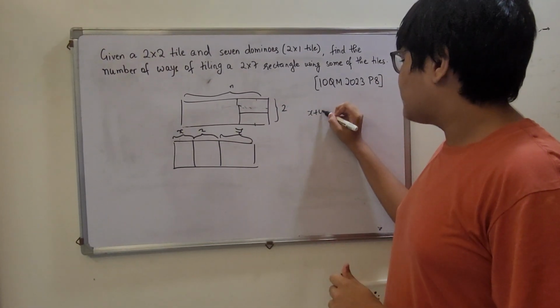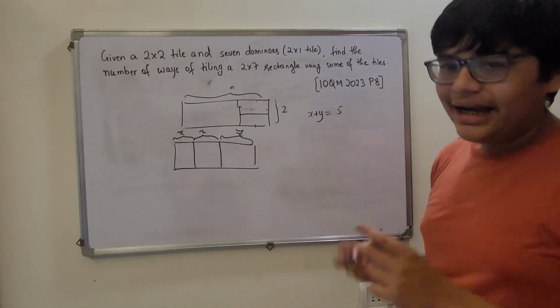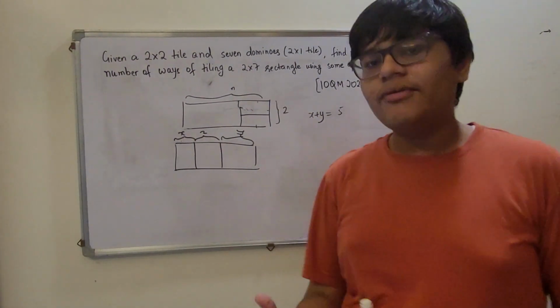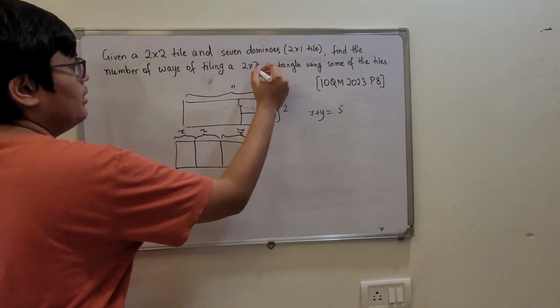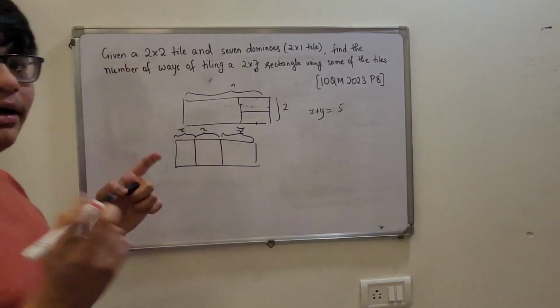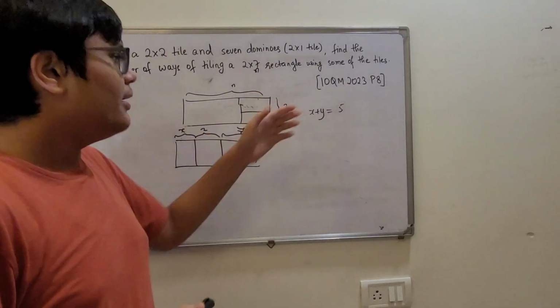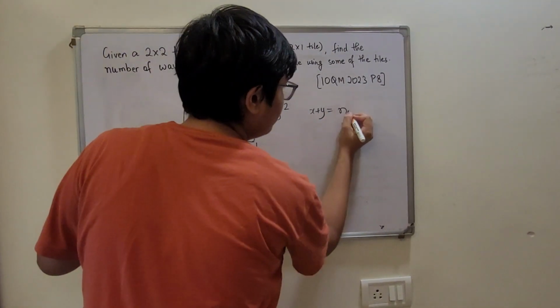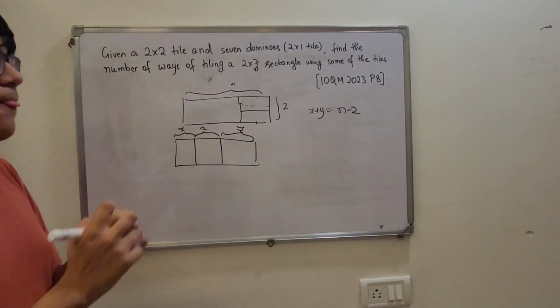So can I say x plus y equals 5? And here I am taking 5 because it's given 7. But in general, if I modify the problem to be a 2xn instead of 7, and I have only one 2x2 tile, then x plus y will be equal to n minus 2, right? So n minus 2. Okay.